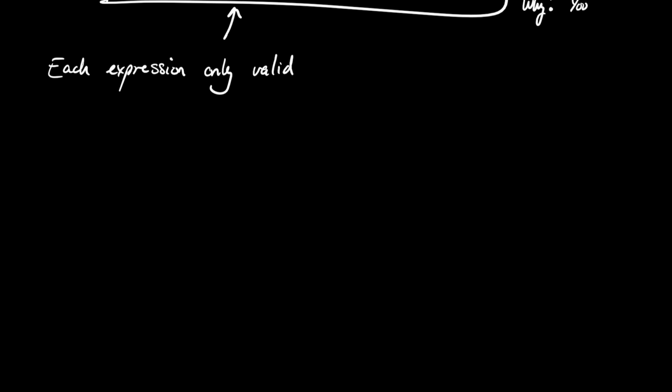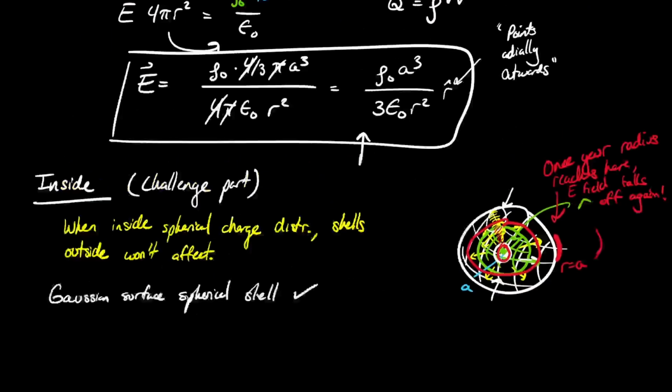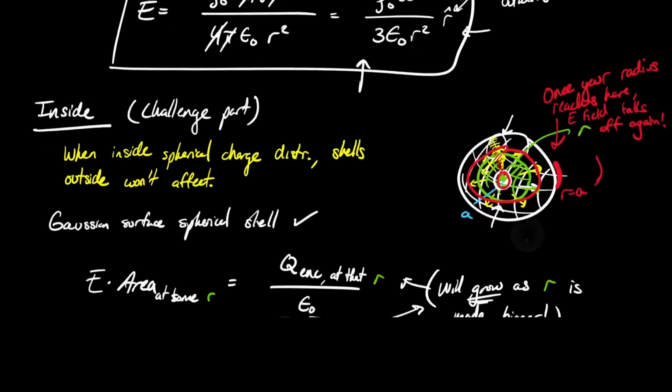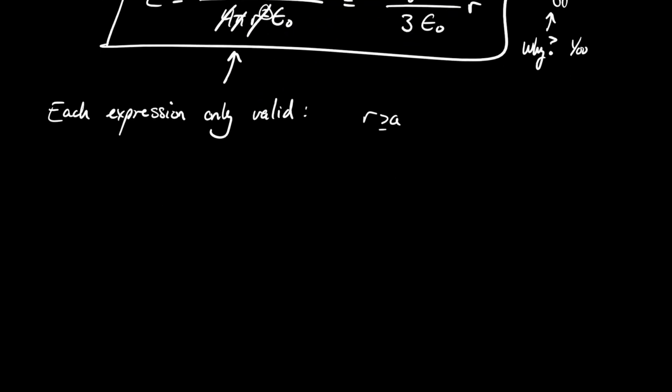So the first one is only valid when radius is greater than, I think, or equal to. I think the electric field should agree at the surface. It's only valid when r is greater than or equal to a, this one. So rho a cubed over 3 epsilon naught r squared.